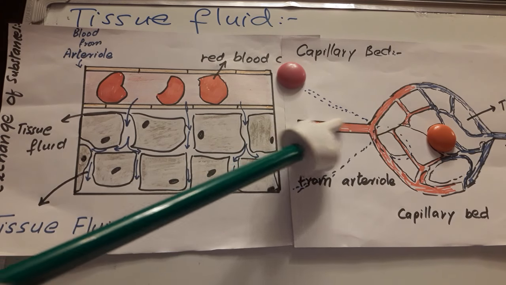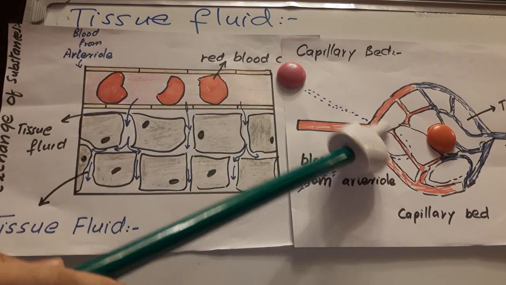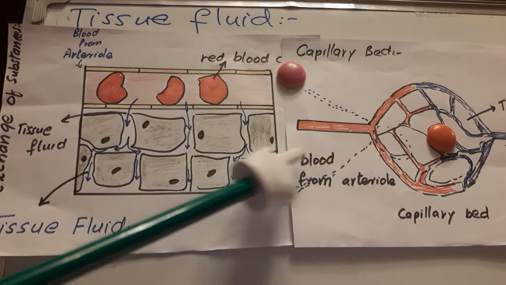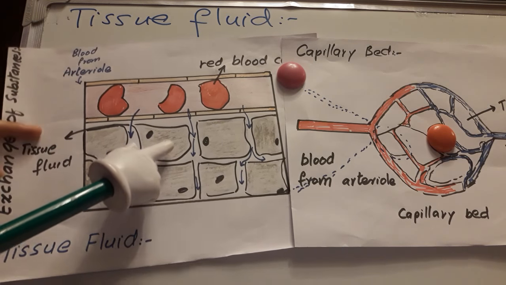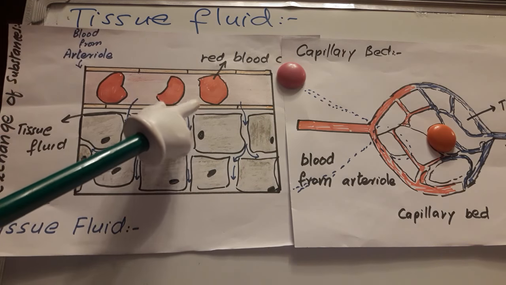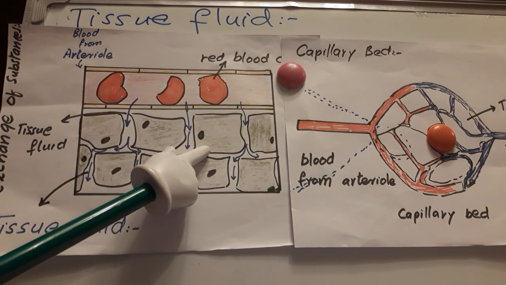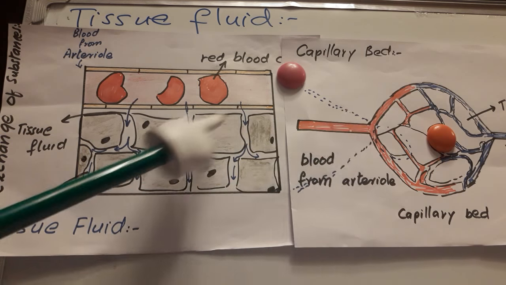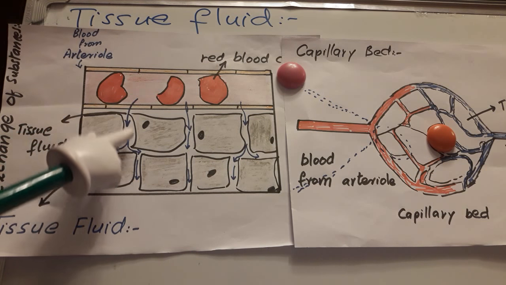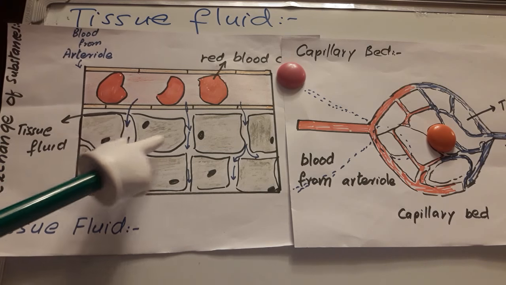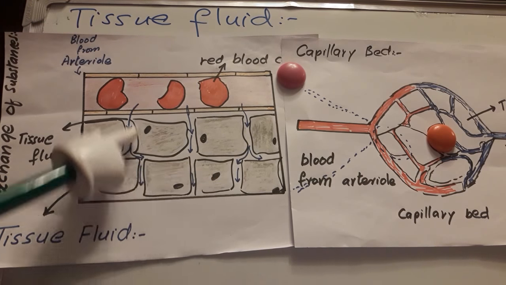If we see the part near the arteriole in a bigger view, we see that these cells are surrounded by the capillary like this. So this is the bigger view of the part near the arteriole end. The tissue fluid is a fluid that surrounds the cells in a tissue.